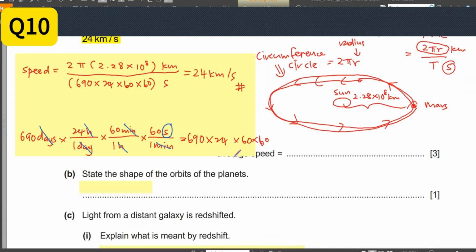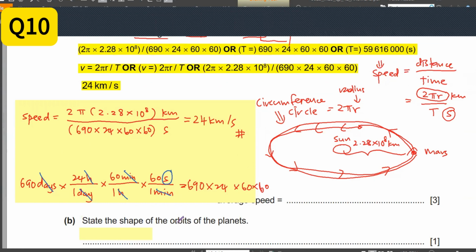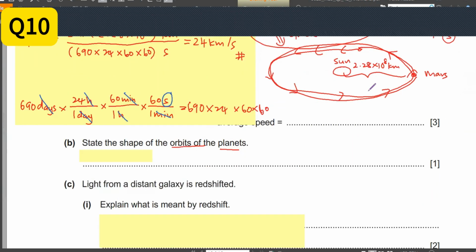State the shape of the orbits of the planet. For this calculation, our assumption is that the orbit is a perfect circle. But in reality, it is not a perfect circle, it is elliptical.